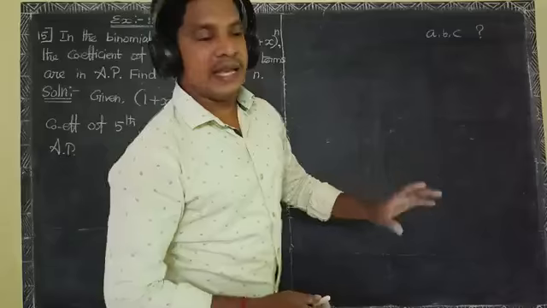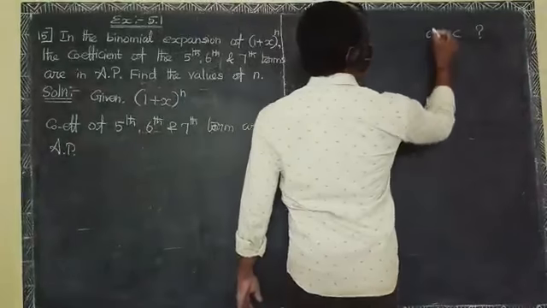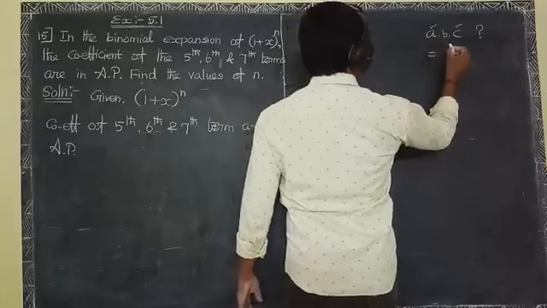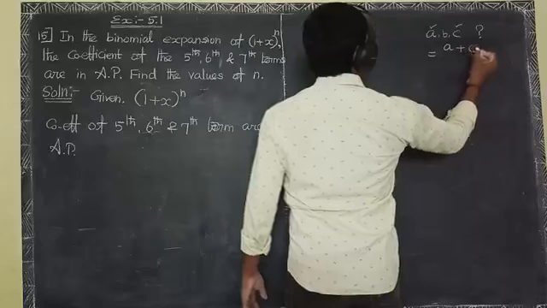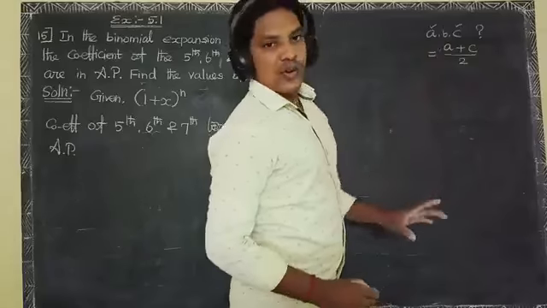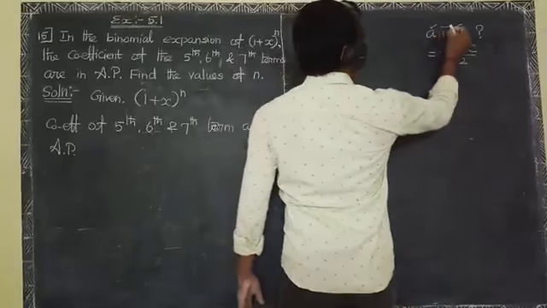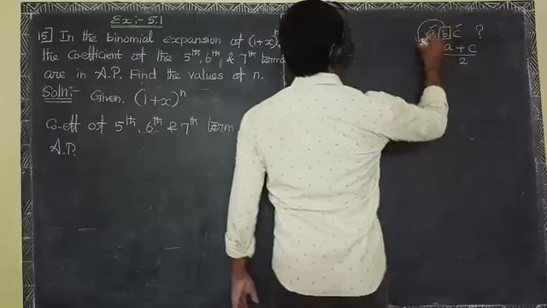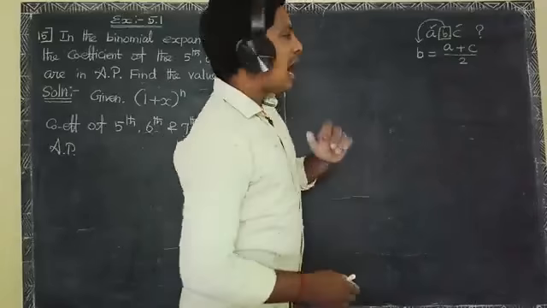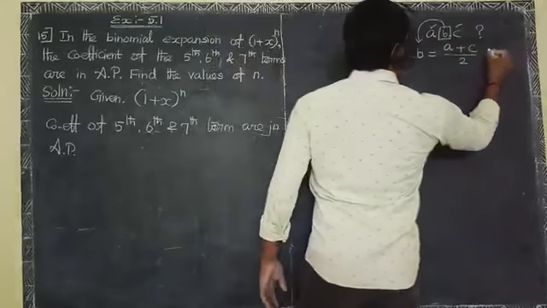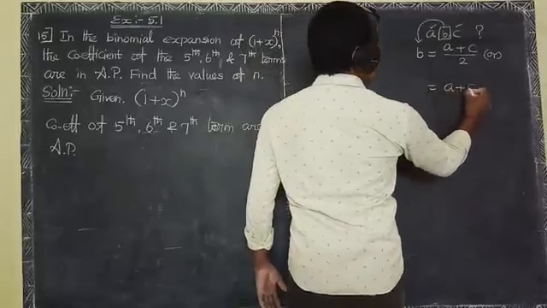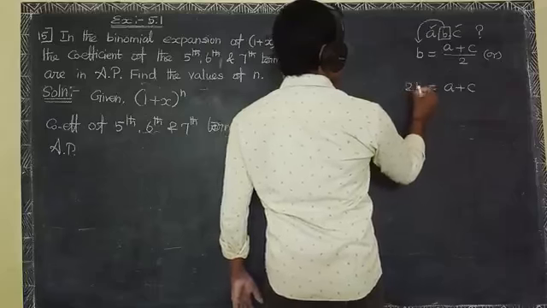Then the condition is the sum of the first and third terms, A plus C, divided by 2 is equal to the middle term B. That is, B = (A + C)/2, or A + C equals 2 times the middle term.